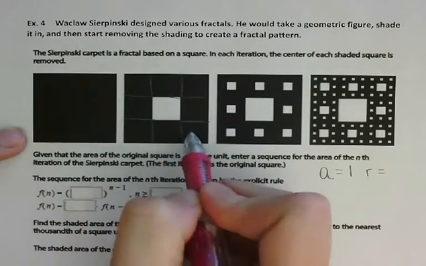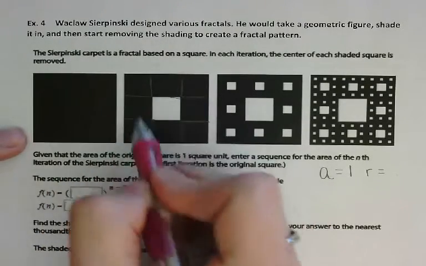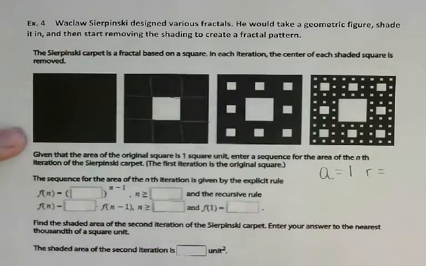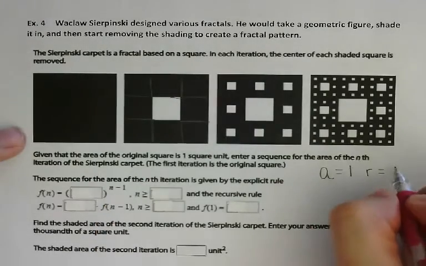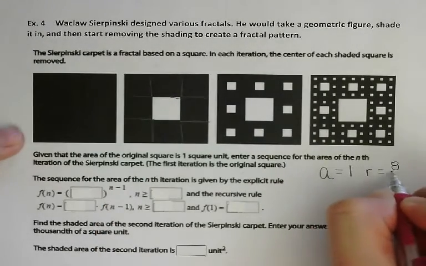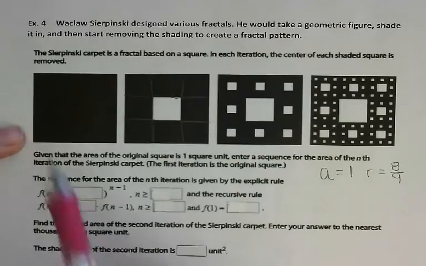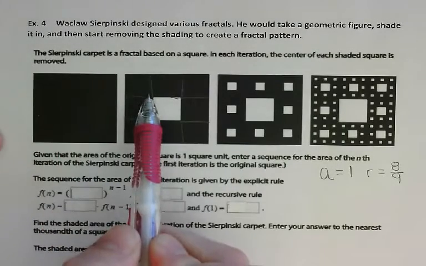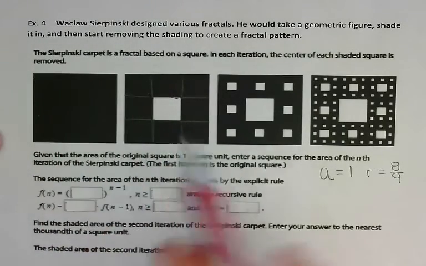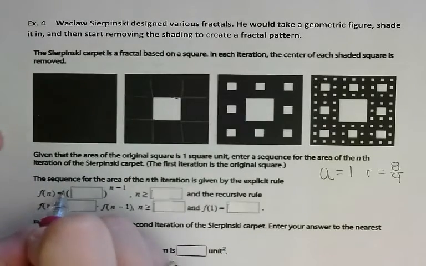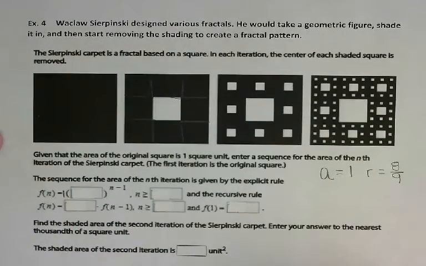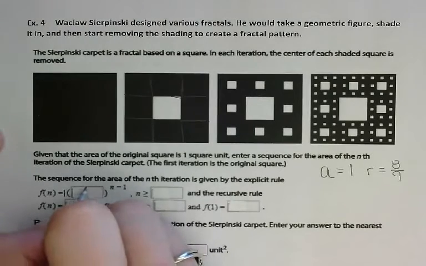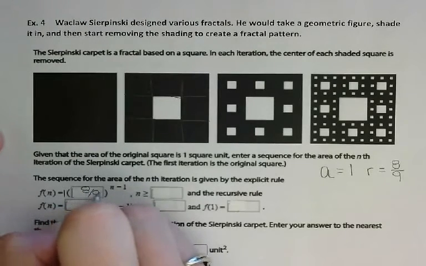So we've got 1, 2, 3, 4, 5, 6, 7, 8. So there are 8 of the 9 original squares left. So this is my common ratio. If I took 1 times 8/9, I would get 8/9 of the squares being shaded. Now here, you could put a 1 out front for the first term, but it's not necessary. And then my common ratio is 8/9.